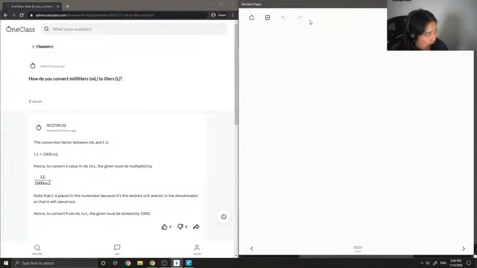So now this question asks, how do you convert milliliters to liters? Okay, so I started a new page since it's a new question, but let's just recall again. 1 liter is equal to 1,000 milliliters.